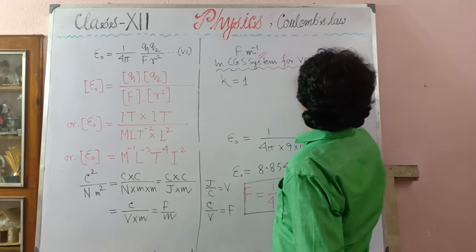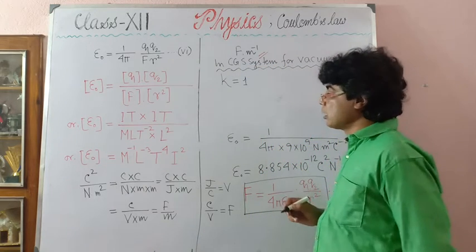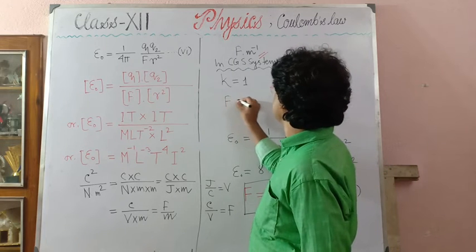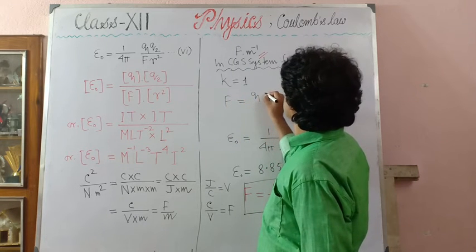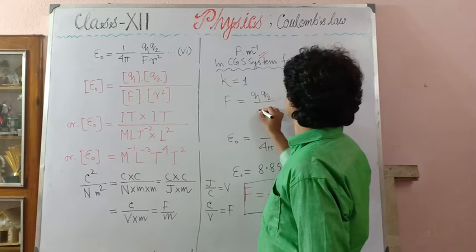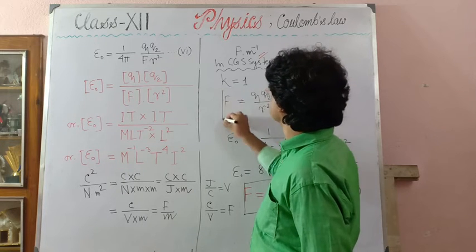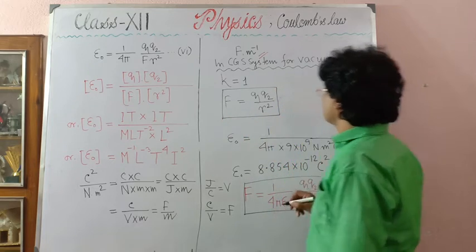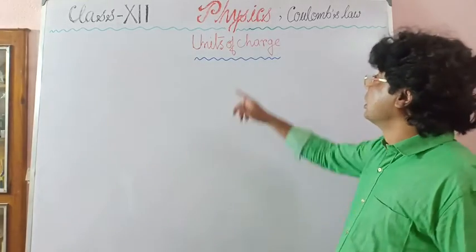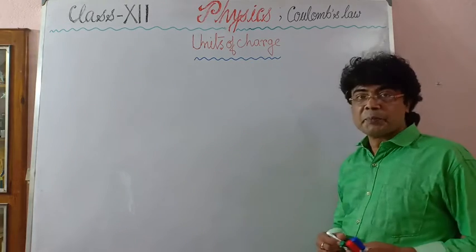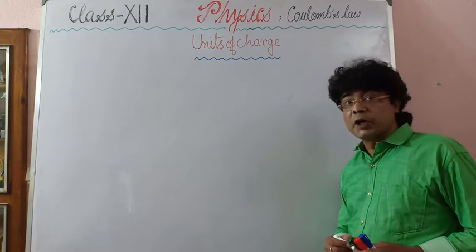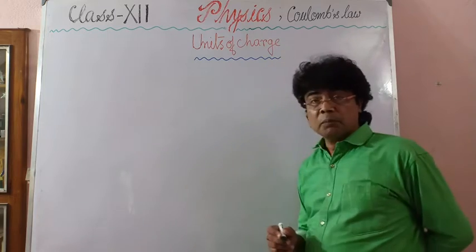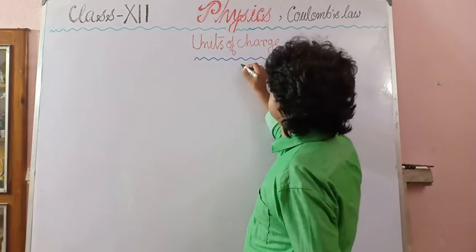So, the equation of electrostatic force F equals Q1 Q2 by R square. Now, units of charge. The SI unit of charge is Coulomb. The symbol of Coulomb is capital C.